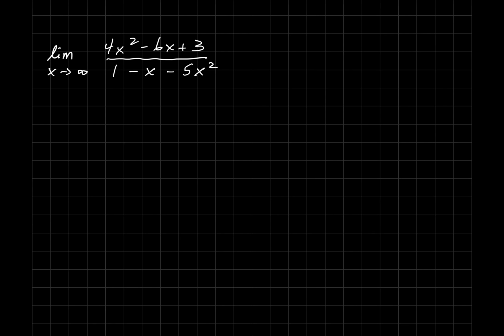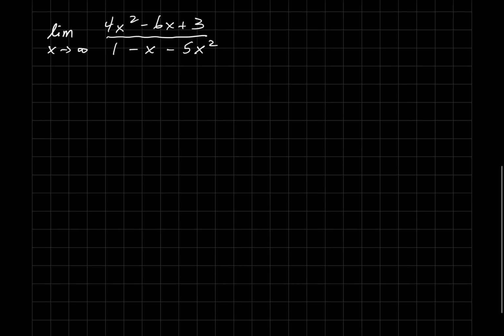Notice that all that really matters at infinity are the highest powers top and bottom, along with their coefficients, of course. So I could do the following. I could basically ignore the things that aren't the highest powers top and bottom and just end up with this.